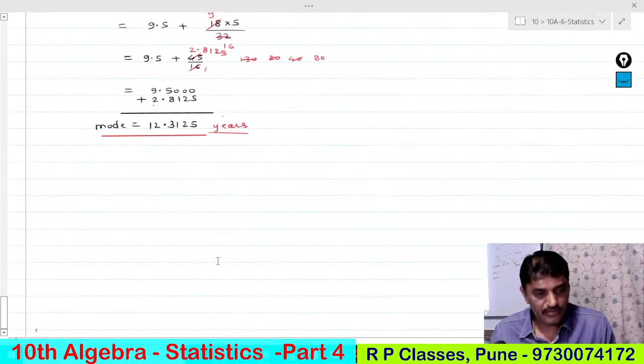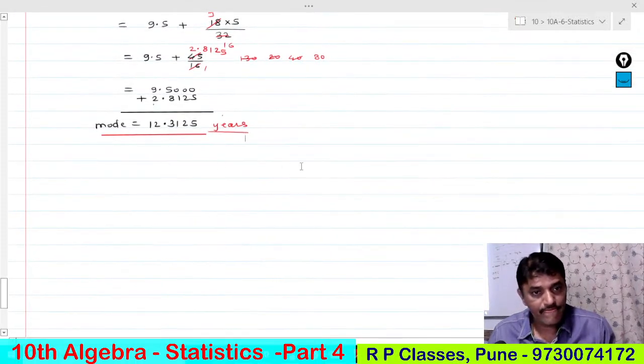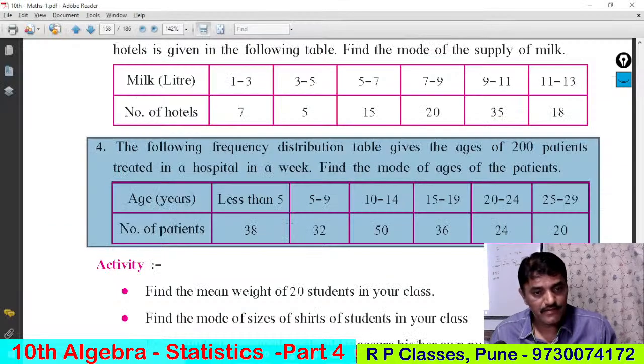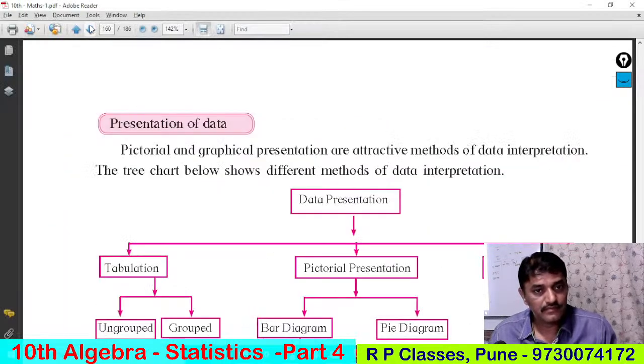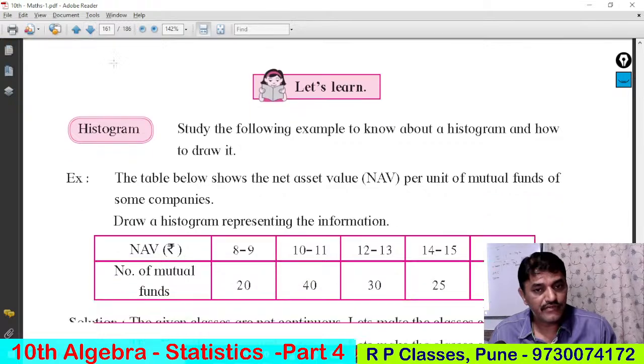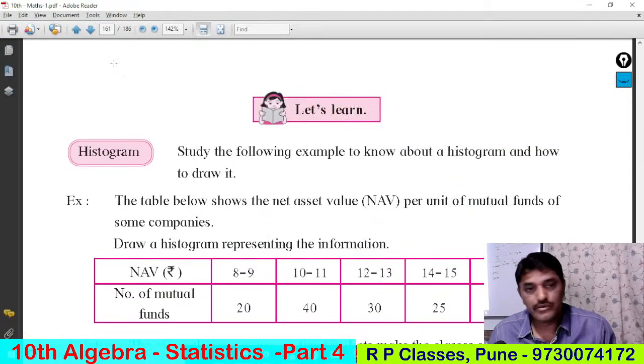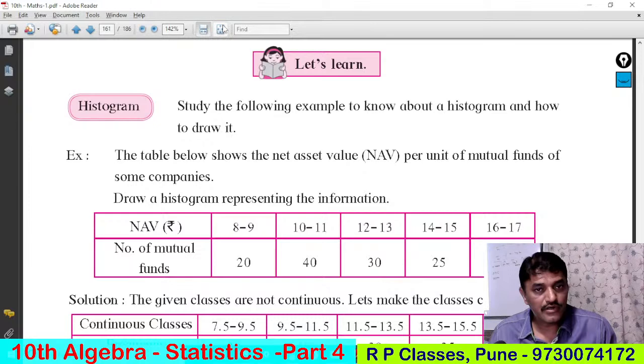We'll go for the next part now. Pictorial representation of data. We'll learn about what is called the histogram now.